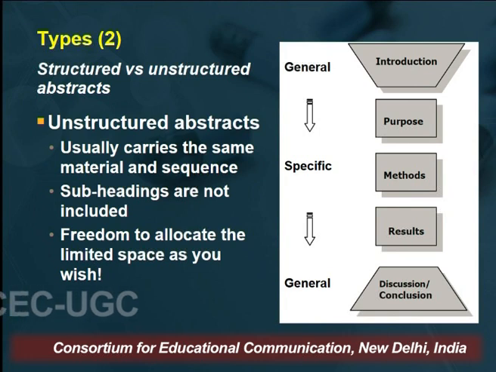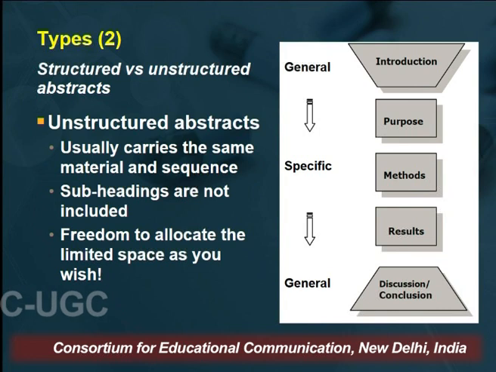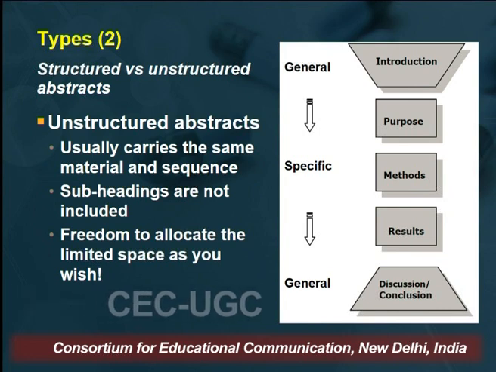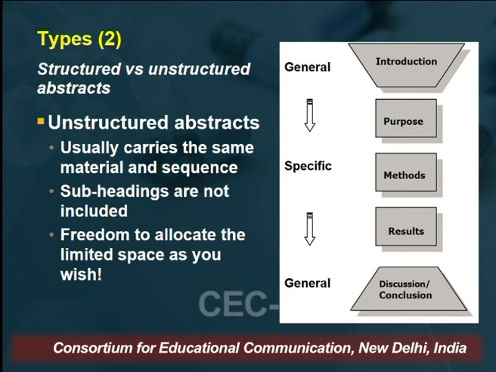But here we have the freedom to allot different word counts to different sections because there is no separate distinction into headings or subheadings. We can give more priority to the methodology section or to the results section. That all depends, because it is an unstructured abstract and a continuous story is being built up.